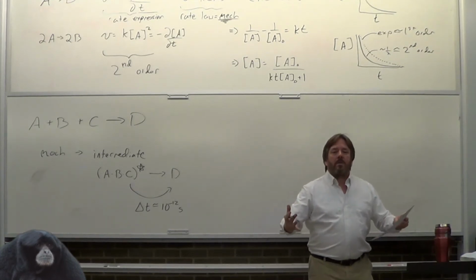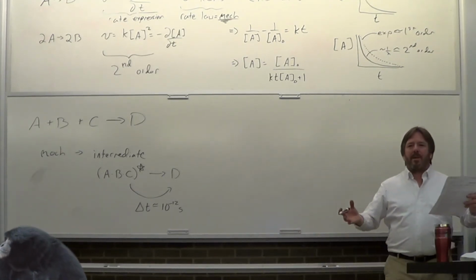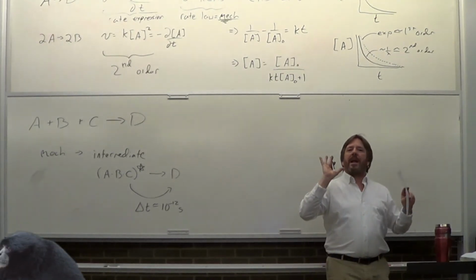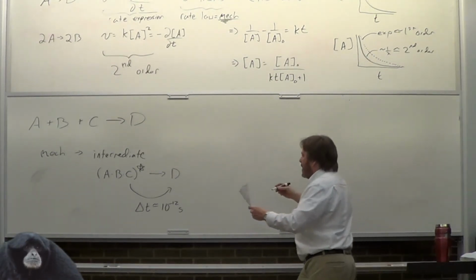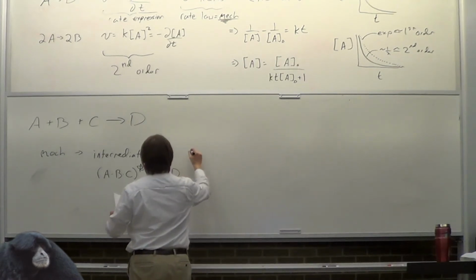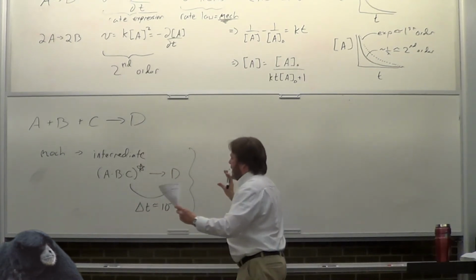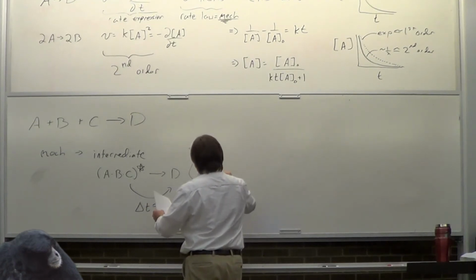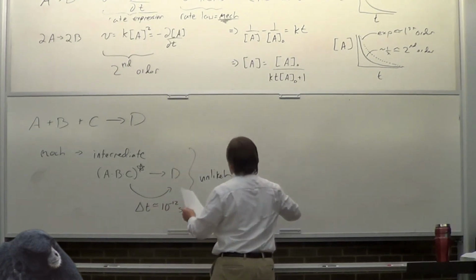Right? Zero. That is not what's happening. This is absurd. There are some examples, but they're incredibly rare. It is possible, but it's unlikely. So that says this is stoichiometric.